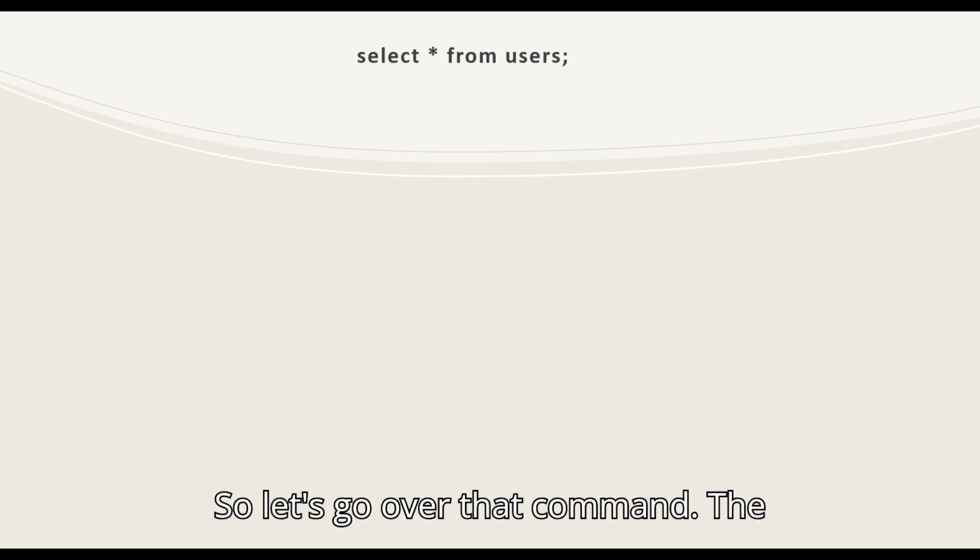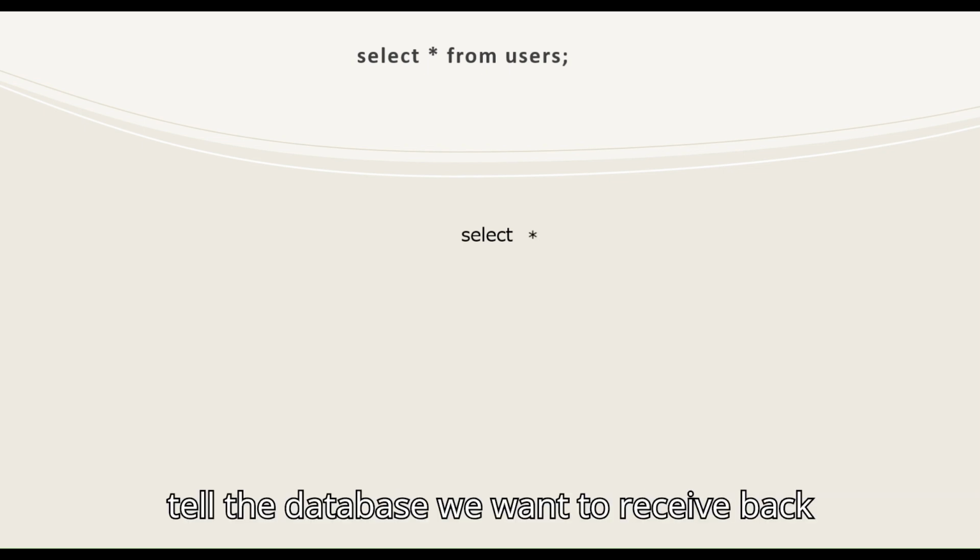Here's an example on the screen. We have SELECT * FROM users. So let's go over that command. The first word, SELECT, tells the database we want to retrieve some data. The star tells the database we want to receive back all columns from the table.